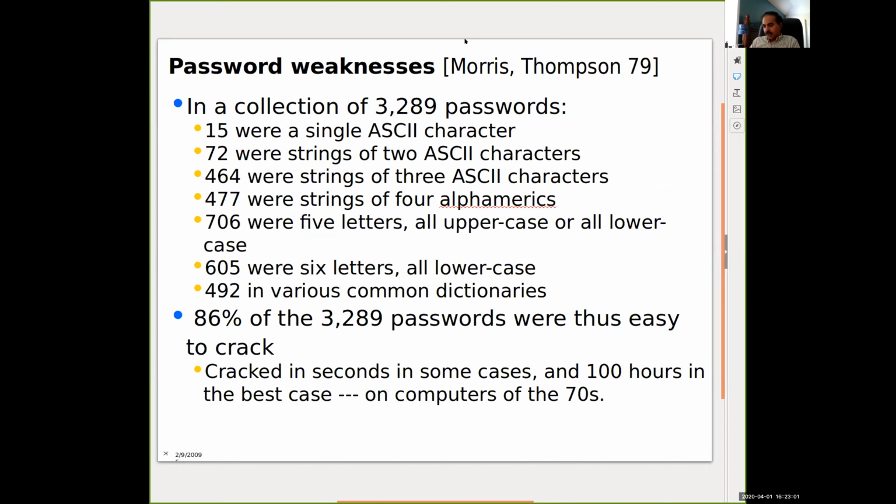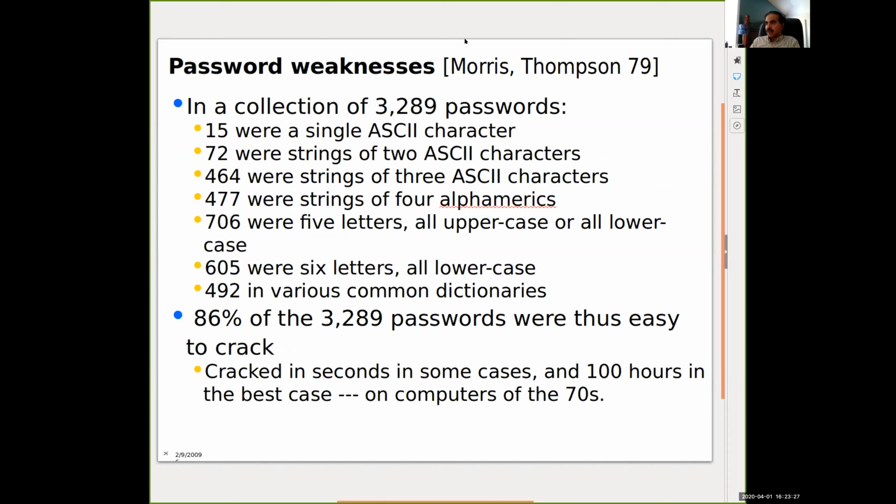So before we understand how easy either brute force or dictionary-based attacks are, we should have some idea of how people choose passwords. And even in the 70s, people had this idea that most users are not careful about passwords.